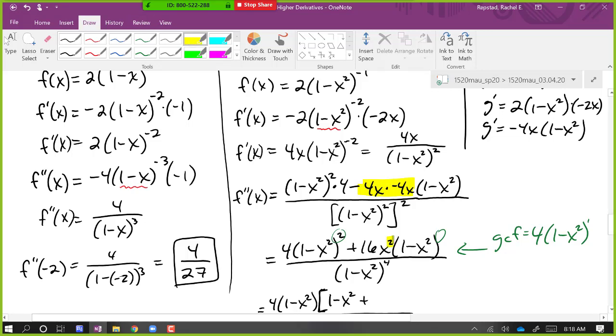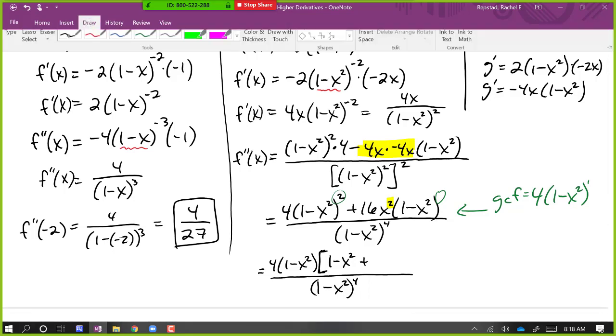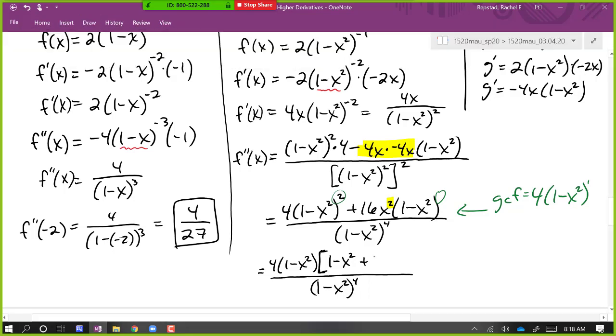That was my mistake. So it'll be a 4x squared. And then we could do a little canceling here. The 1 minus x squared here will cancel with one of those. And then we'll simplify the stuff in the bracket. So we have 4 times 1 plus 3x squared over 1 minus x squared cubed. So there's f double prime of x for this function.